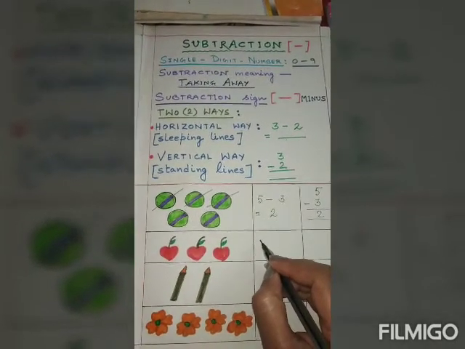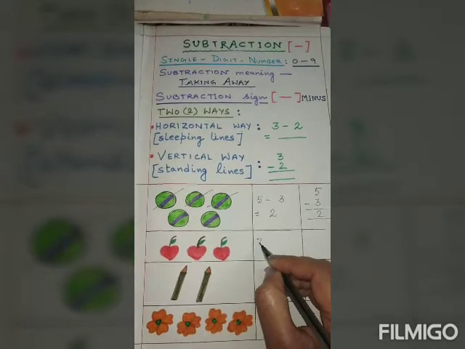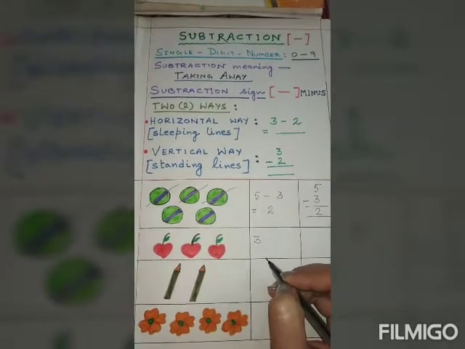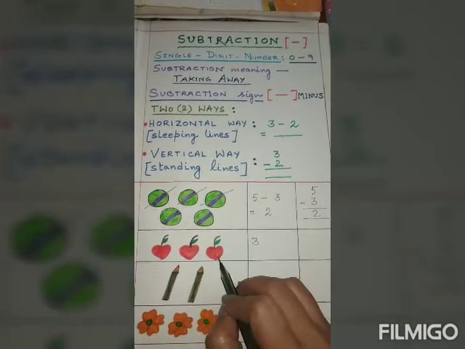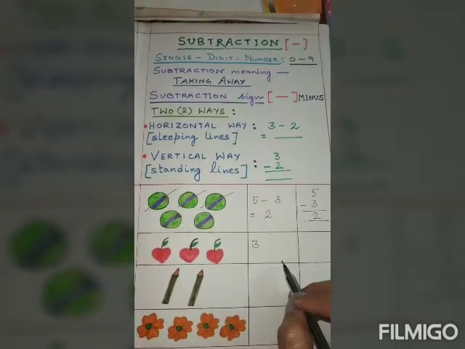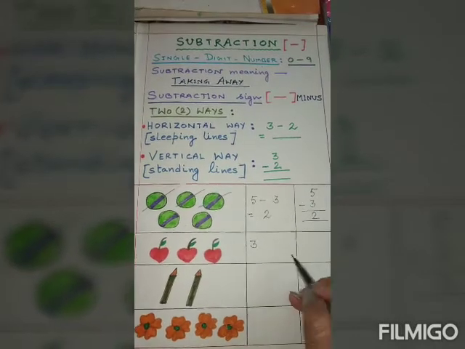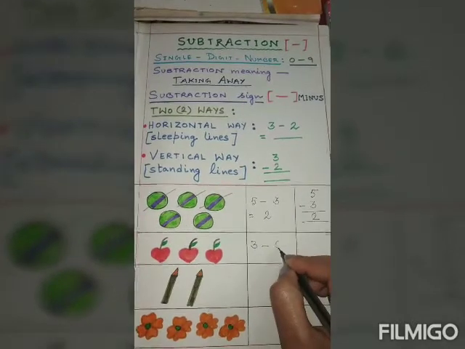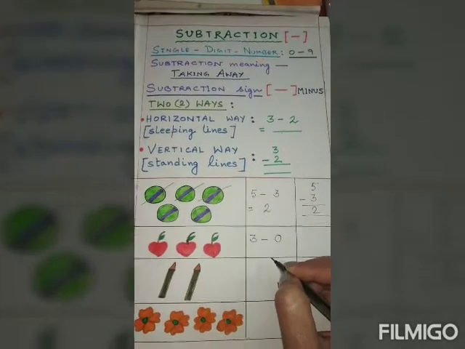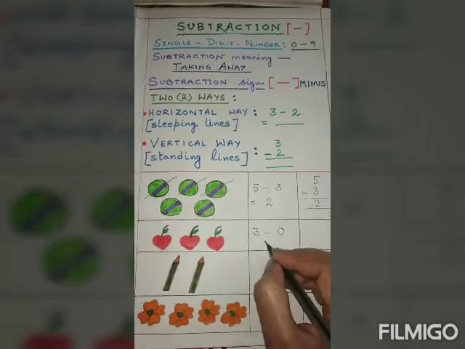In horizontal way, we will write 3 first because there are 3 apples. And from these 3 apples, if I don't take away any apple, then how many apples will be left? 3 apples. So, minus 0 because I am not taking away any apple.